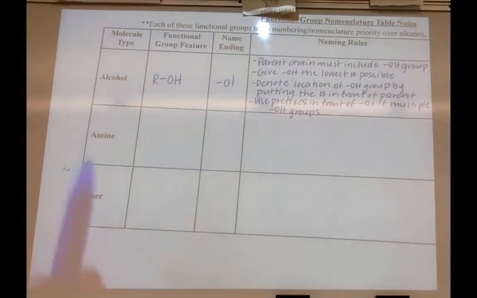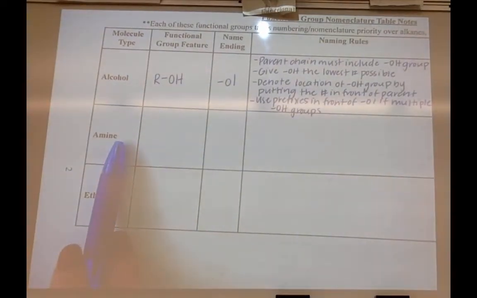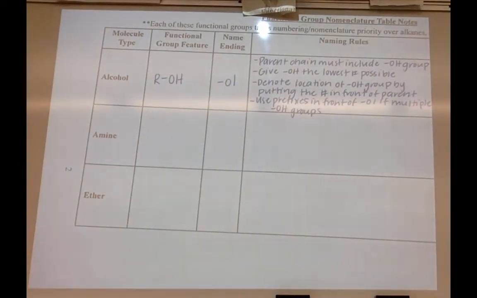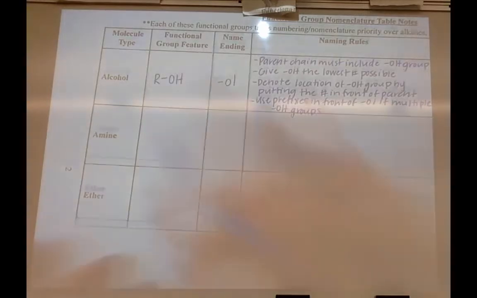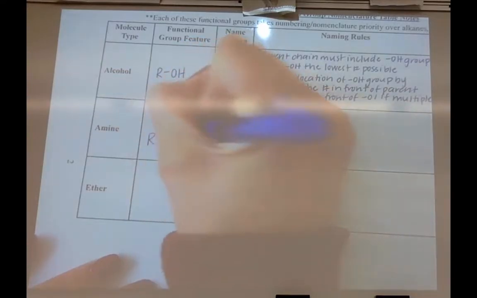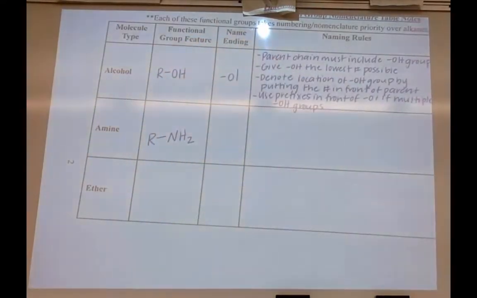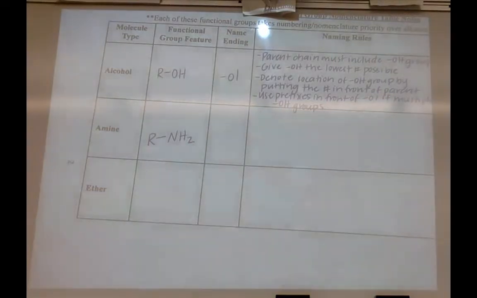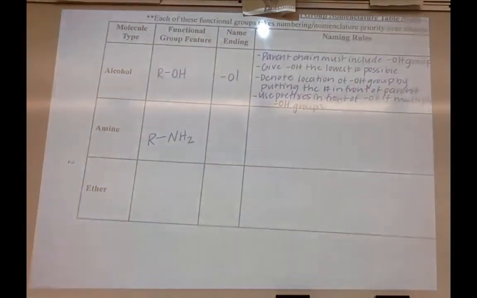So we're going to first look at an amine. Yesterday we looked at amide. Today we're going to look at amine. So an amine is some R group bonded to NH2. So you're going to have nitrogen single bonded to some carbon group.